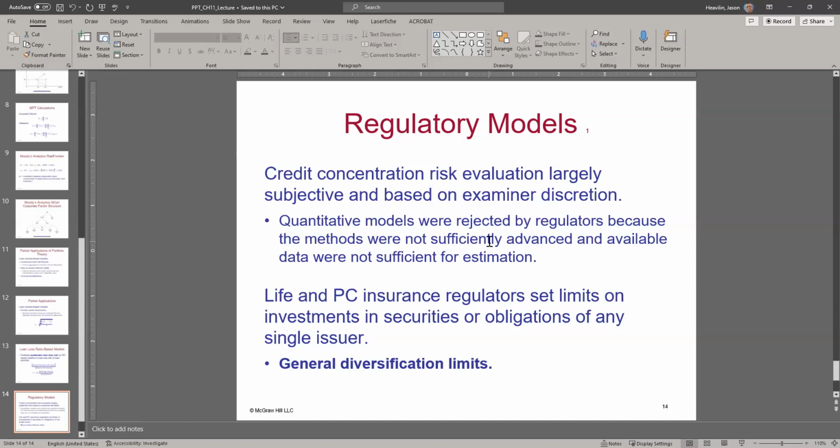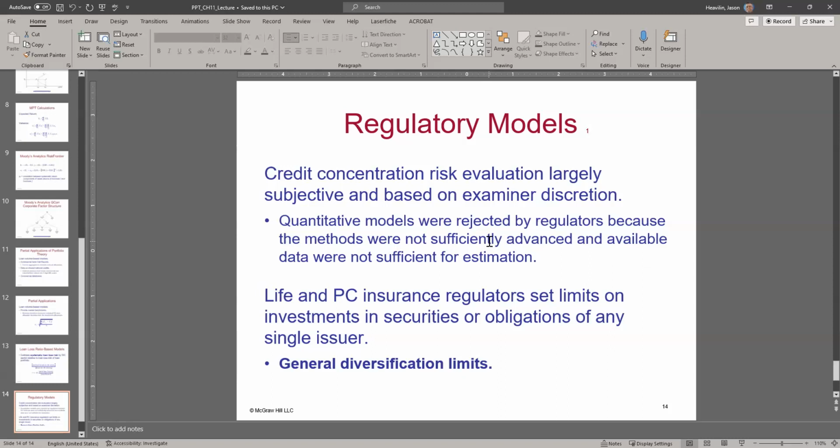Now, what happens in the regulatory models is that we enter into a more subjective way. It's not a numbers thing. As this says on the slide, credit concentration risk evaluation is largely subjective and based on examiner discretion.